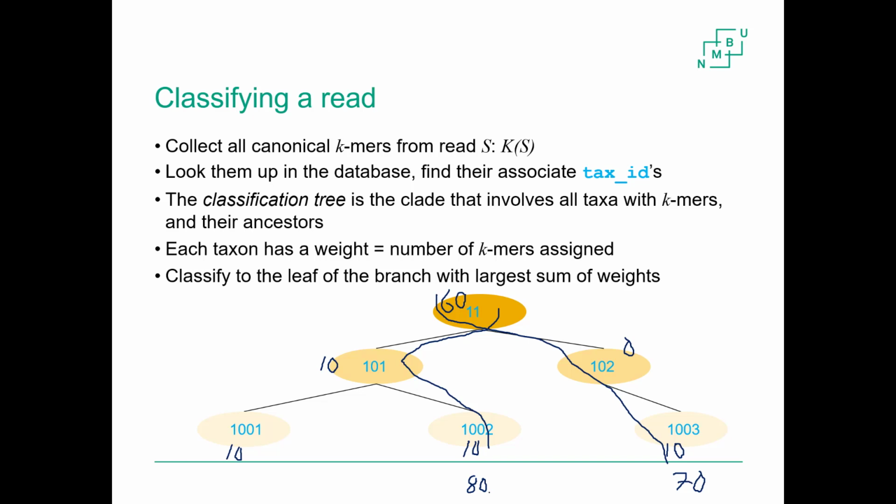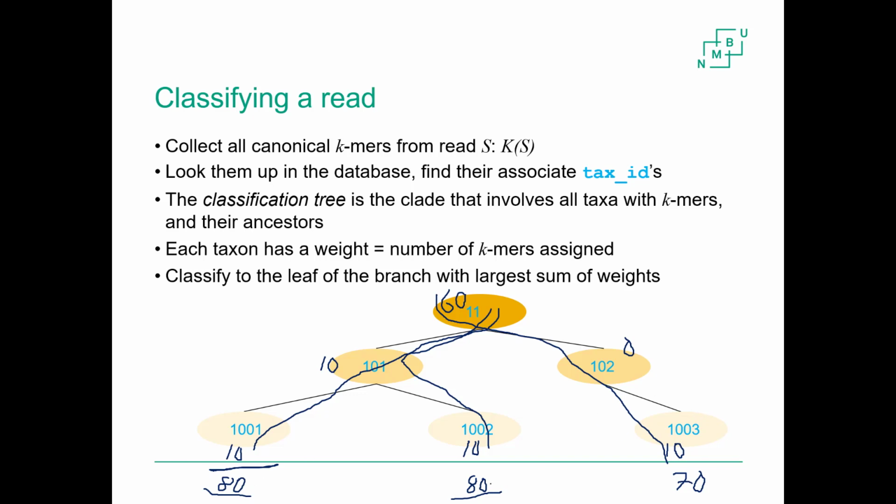So we can see this one gets more weight than the first. The third branch is down here, and it will have 60 plus 10, which is again 80. Now we don't have a winner, we have a draw. We have two species here with the same weight, and the one over to the right is not a winner, so that one we can forget about immediately.